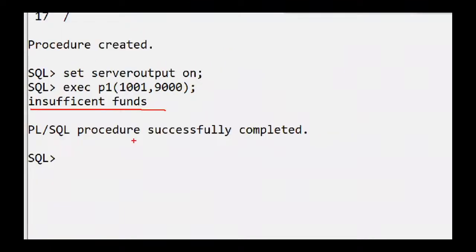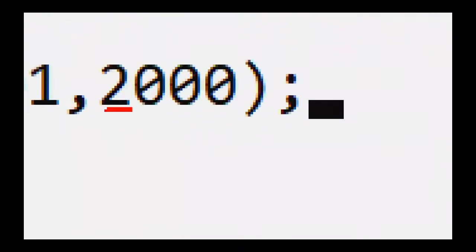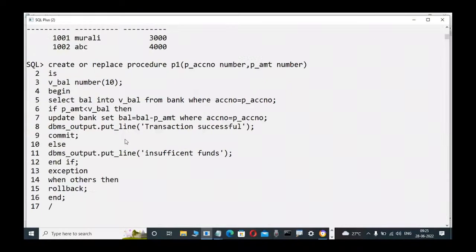Now suppose I try to withdraw some amount. For example, here 1001, my account number. Now I am passing 2,000 rupees. Otherwise 1,500 rupees or 1,000 rupees, I'm withdrawing any amount. When I try to withdraw 2,000 rupees, is it possible or not?